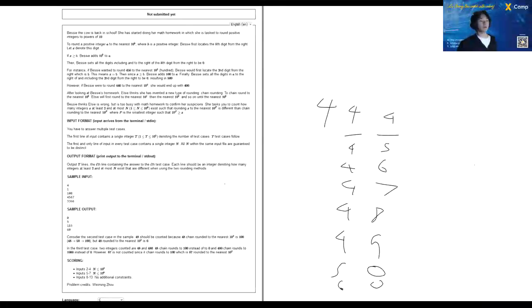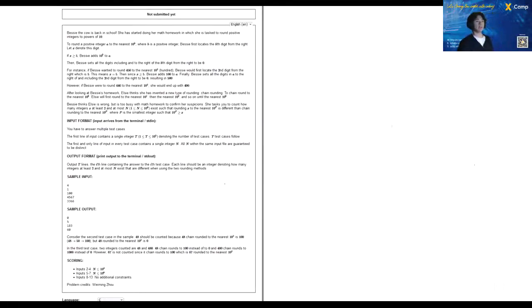From there, we are starting to see a pattern. For any number with 2 digits, we saw that the numbers that chain round up are any number greater than 44.